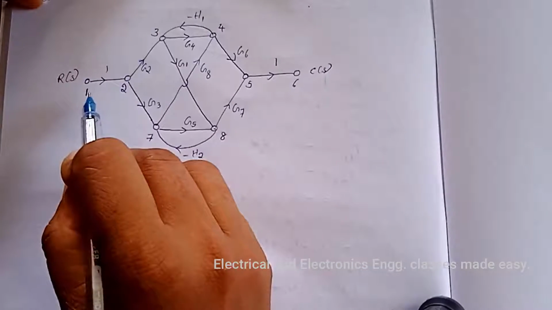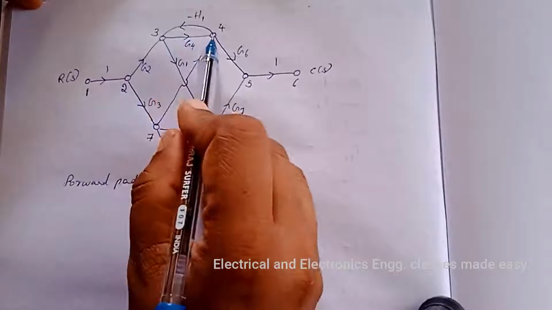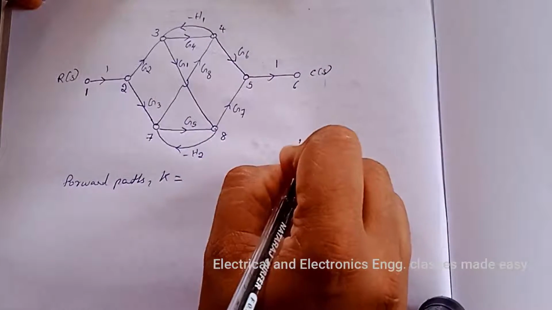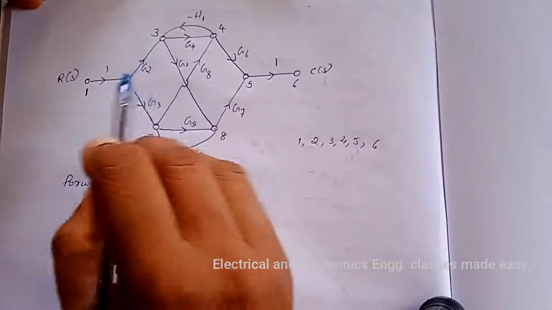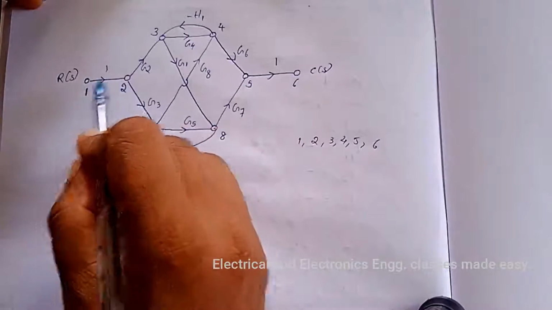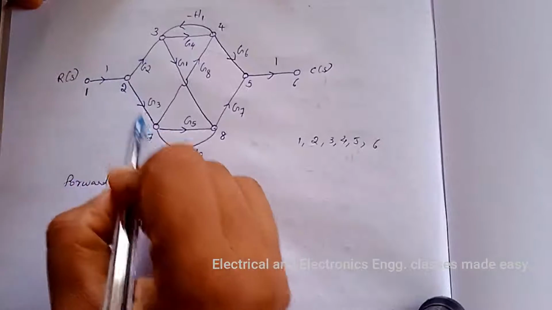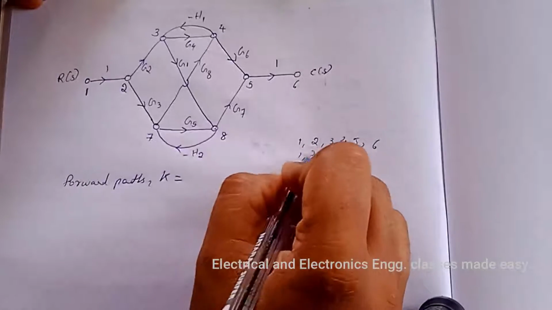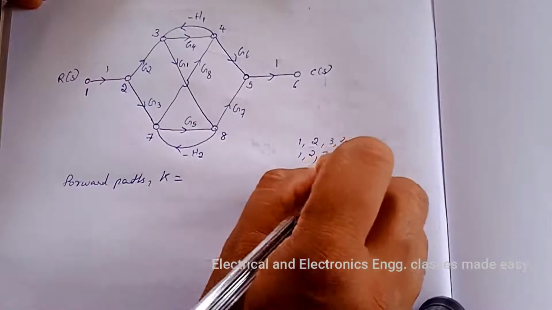So first forward path is 1, 2, 3, 4, 5, 6. This is the first forward path. In this manner, here also there is a forward path, that is 1, 2, 7, 8, 5, 6.